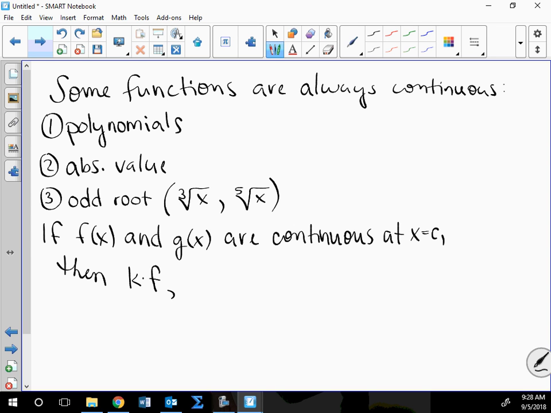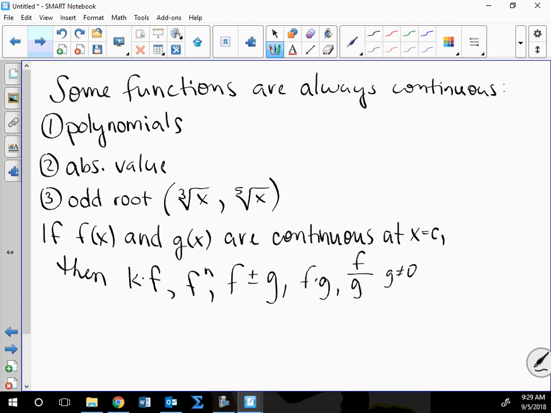If I have my function raised up to a power, that's also continuous. If I have the two functions added together or subtracted, that's still continuous. If I have them multiplied together, that's still continuous. If I have them divided, as long as the denominator is not equal to 0, then that is also continuous.